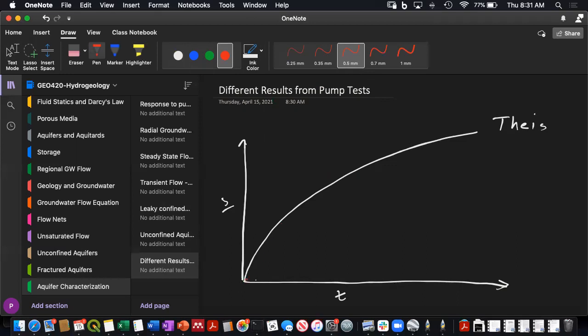So the second one I'm going to plot here is a leaky confined aquifer with storage. All right, and it's got this transition period to the steady state.